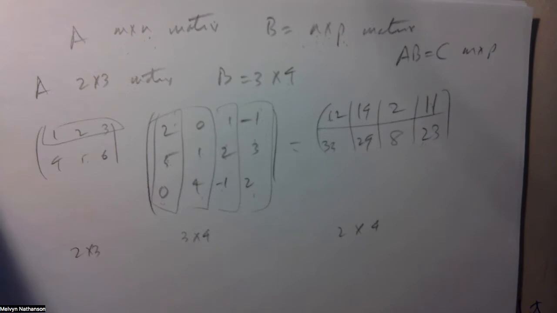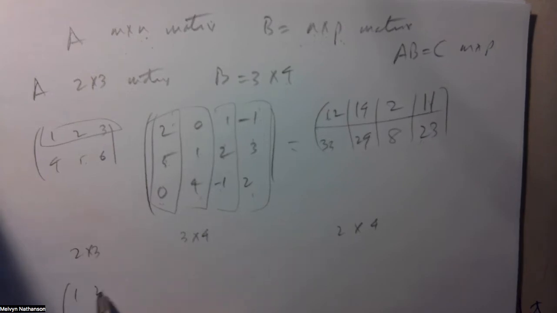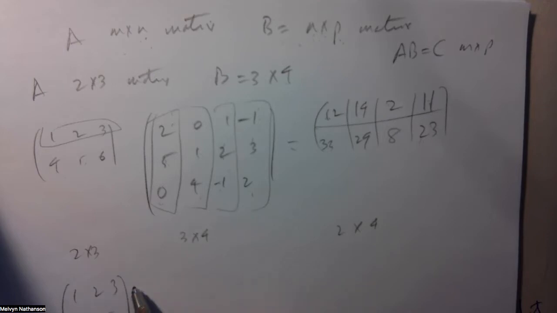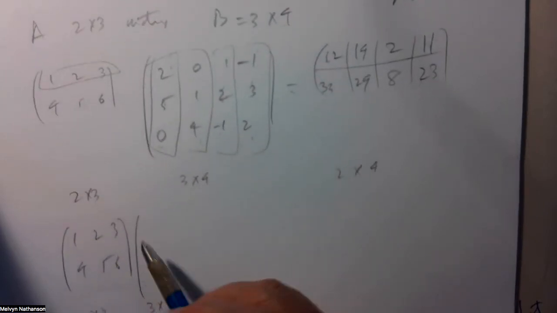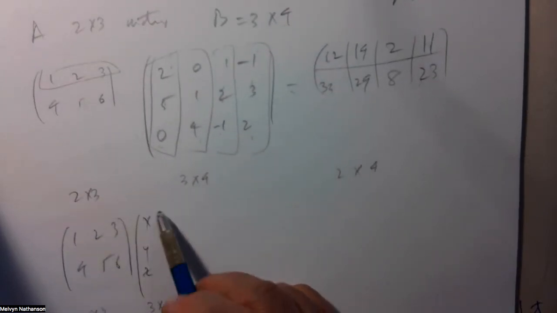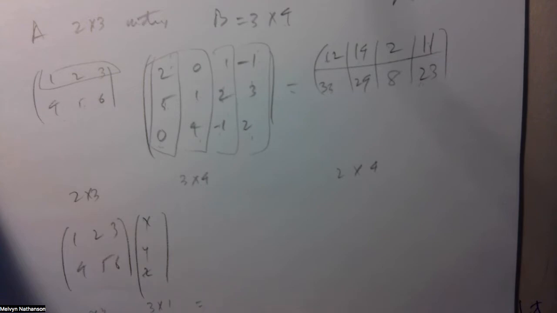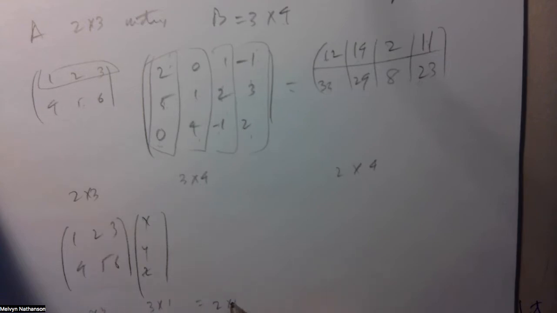The most important special case for us might be, suppose you have 1, 2, 3, 4, 5, 6. So this is 2 rows and 3 columns. Suppose I take a 3 by 1 matrix. That's a 3-dimensional column vector. Let's just write it as x, y, z. When you multiply this, you're going to get a 2 by 1 matrix. What do you get?